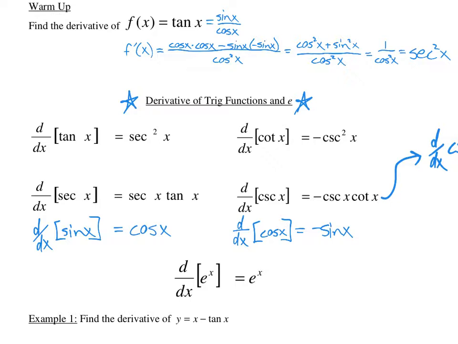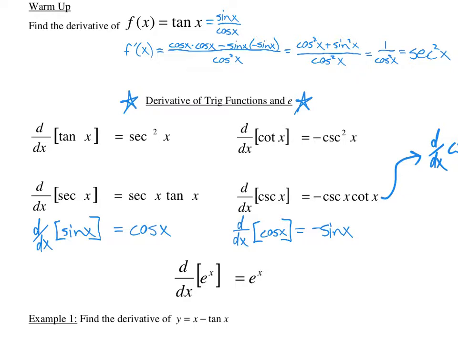Any patterns? Yeah, what kind of related to tangent? Not really with the e to the x, that's a totally different one. Well, all the co's are negative in a derivative.